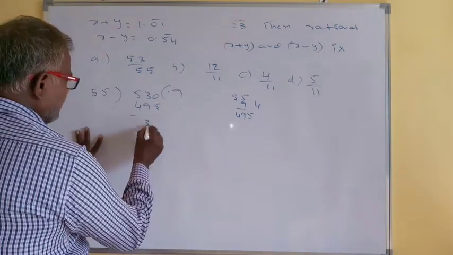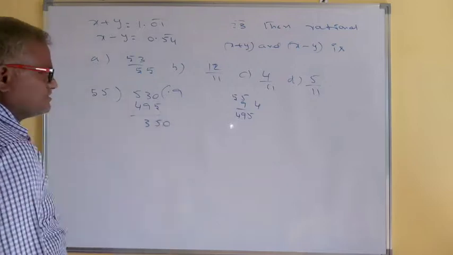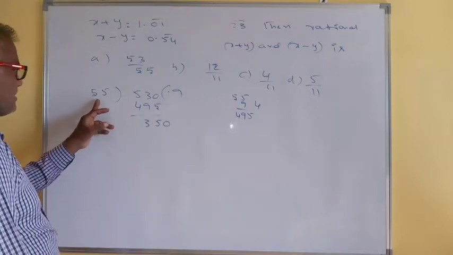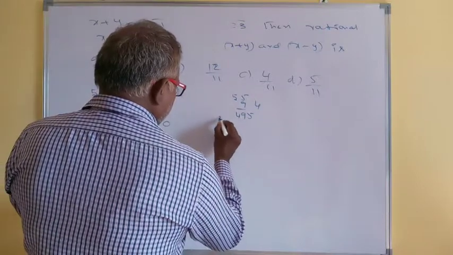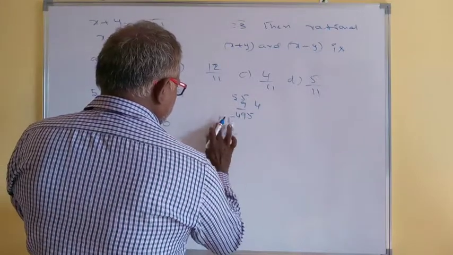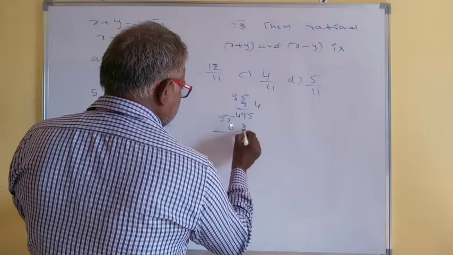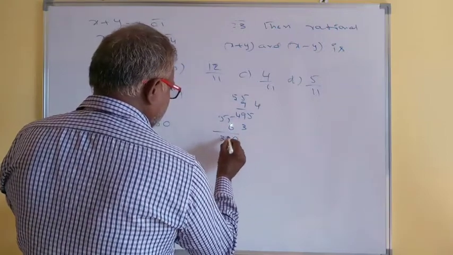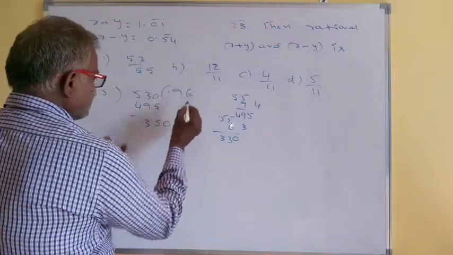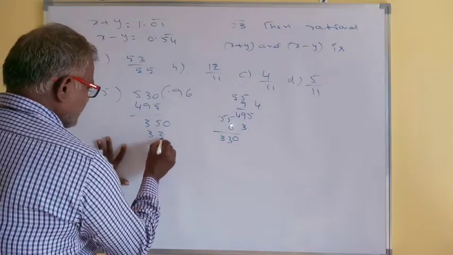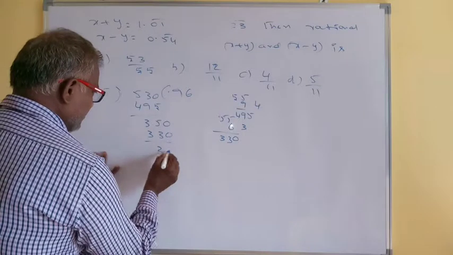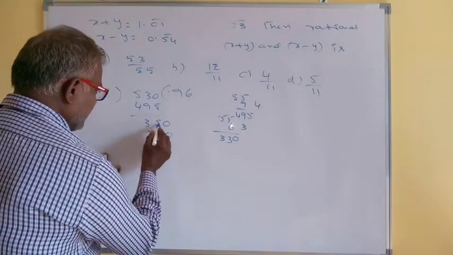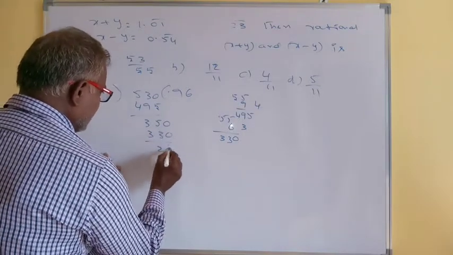That means clearly 35. Again 0. That means clearly 6. 55, 6. 6 5s are 30, 33. So 6. So 330. That means clearly 20. Clearly this value is 20.